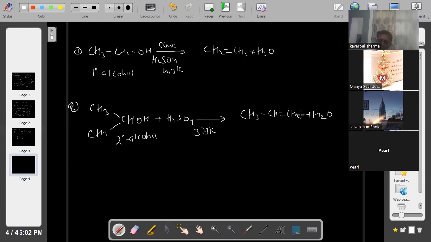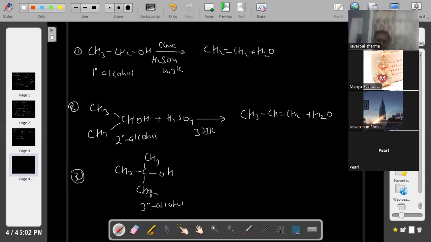As I told you, always the water molecule leaves by losing one OH group. In the third case, (CH3)3C-OH, a 3 degree alcohol. The same mechanism I told you is applied here.